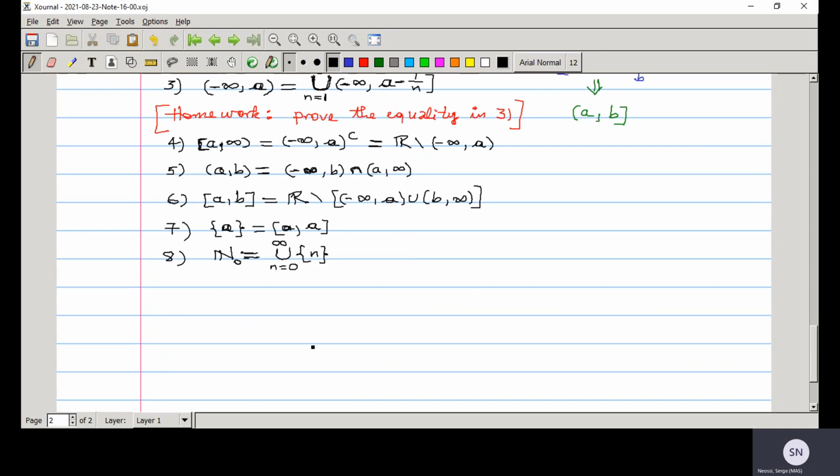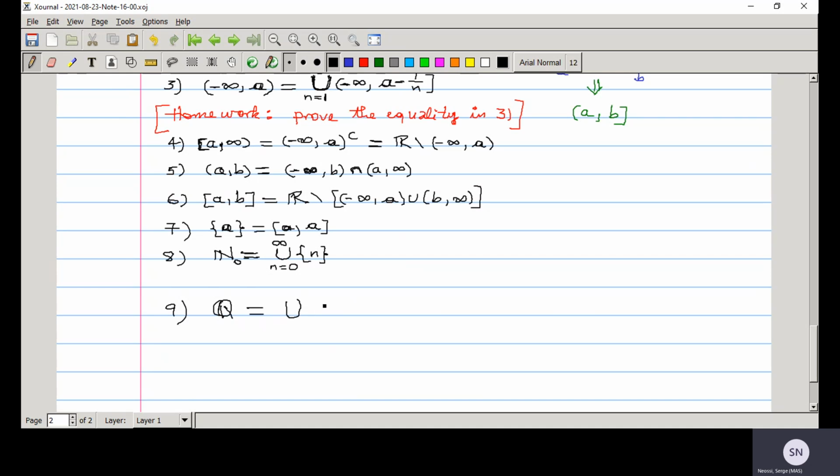And similarly, with this one, you agree with me that even Z, the set of integers, is also there. Okay, so the other one, 9, Q, the set of rational numbers.